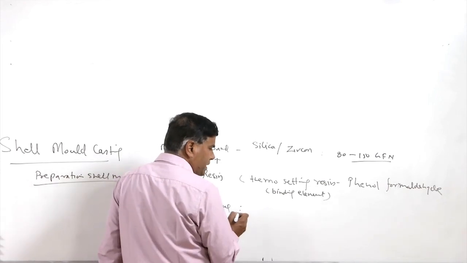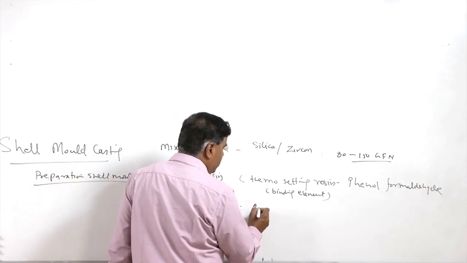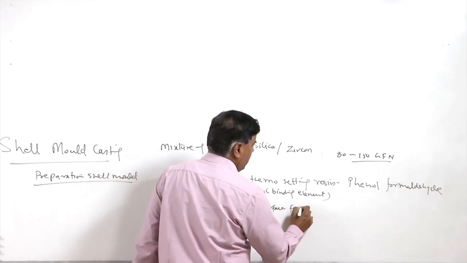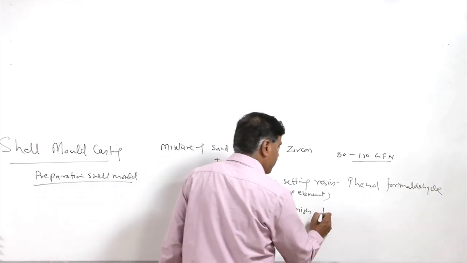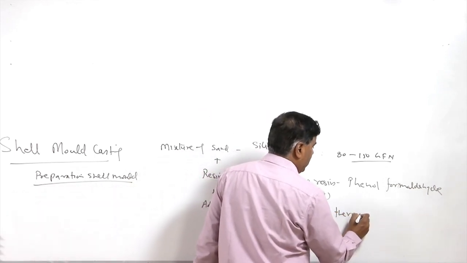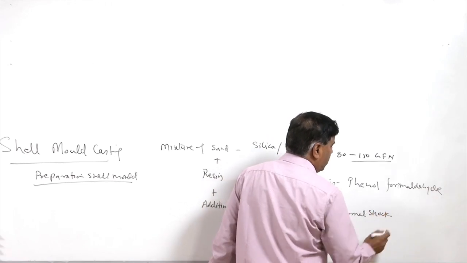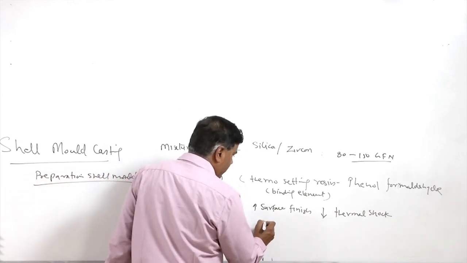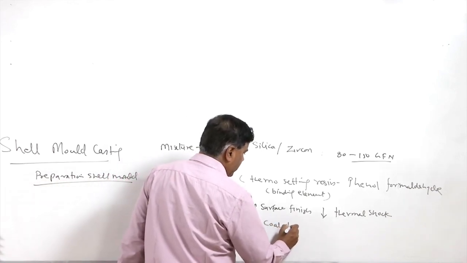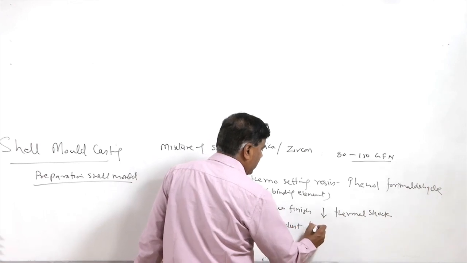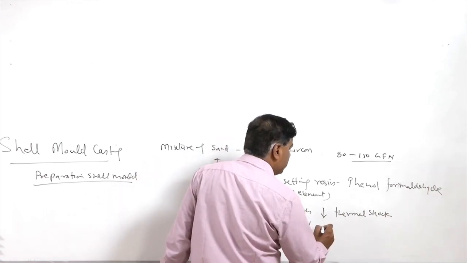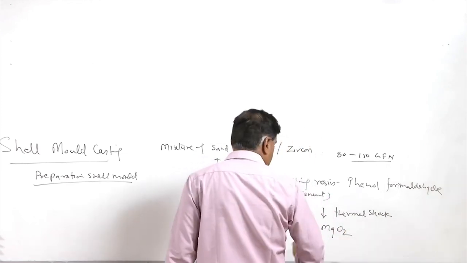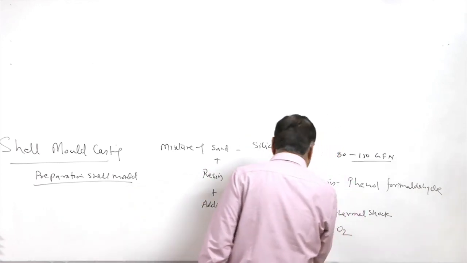Additives are used basically to achieve a good surface finish and to reduce the thermal shock due to the pouring of the molten metal, and for this purpose coal dust and magnesium dioxide are used as additives.